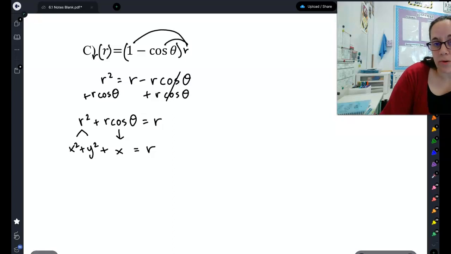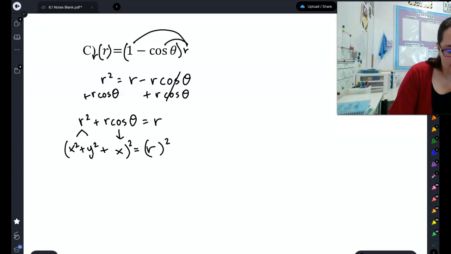And we're almost there. I just need to get rid of that last r. So instead of timesing everything by r again, because that just brings more r's into the equation, I'm trying to get rid of them, let's square it this time. So then I get x squared plus y squared plus x, everything squared, equals r squared.